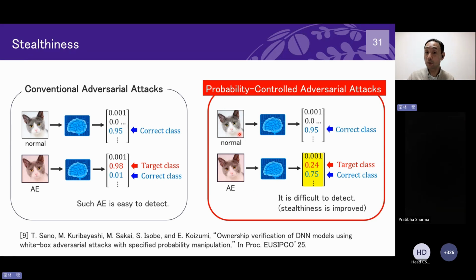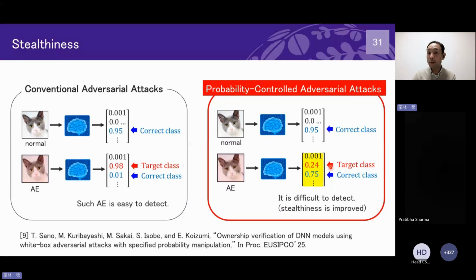So this is a normal image, outputting the correct label, correct class. And in the case of the adversarial example, it outputs this specific output. So the original correct class probability is still higher, and the target class is slightly increased.